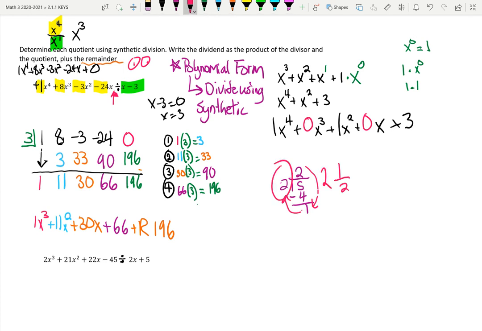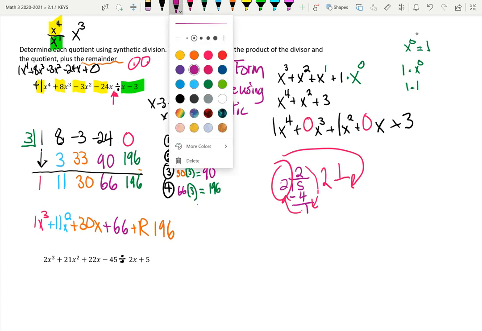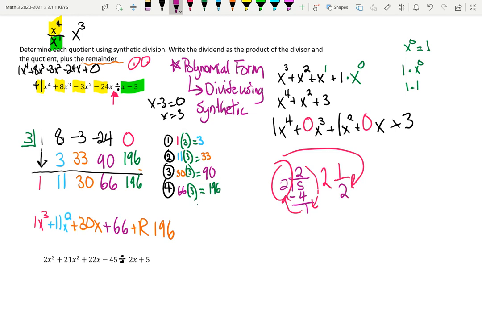Notice how the divisor is the denominator. So instead of writing remainder 196, it is going to be 196 all over the divisor, which is x minus 3. Now, it wanted us to write it as a product right here.